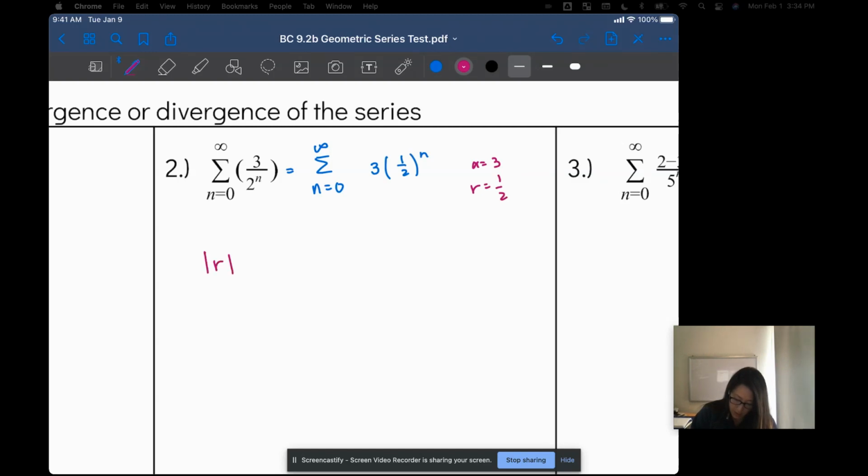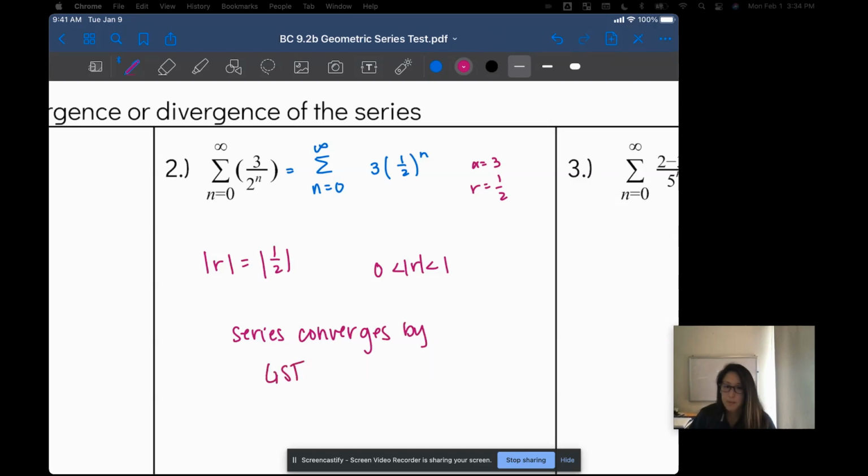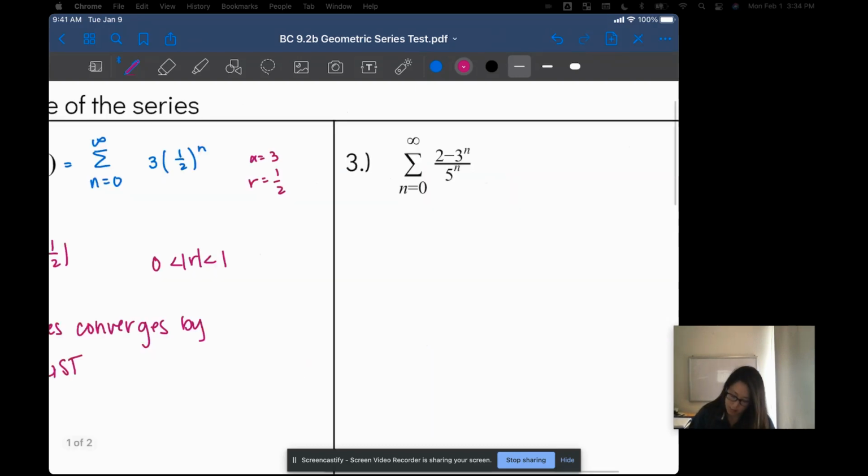So the absolute value of r is equal to the absolute value of 1/2, which is between 0 and 1. So our series converges by geometric series test. Okay, number 3.